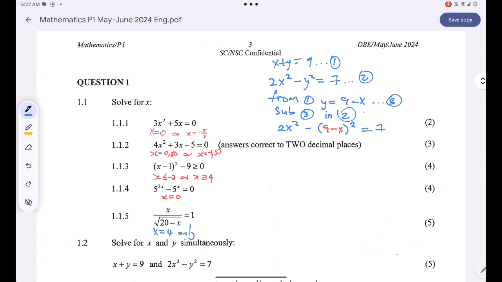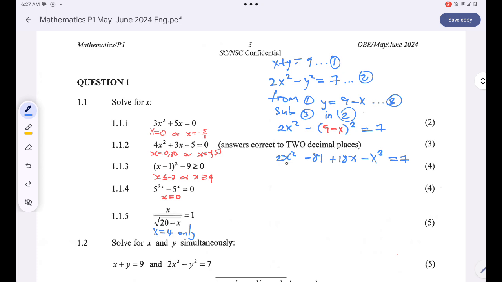All I have to do now is to remove the brackets. I have 2x squared. We'll open two brackets and then multiply out by this negative over there. You'll end up having negative 81 plus 18x minus x squared is equal to 7. Are we together?